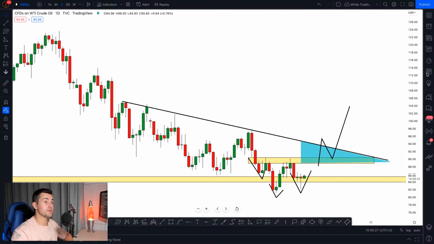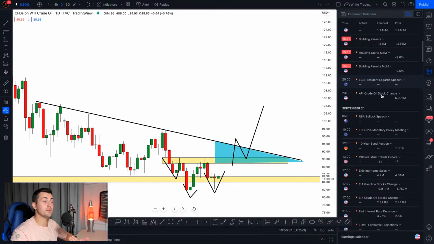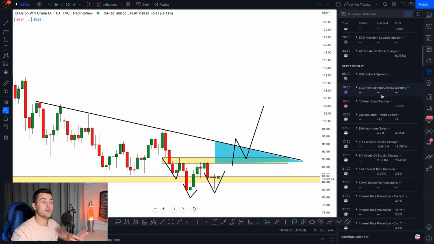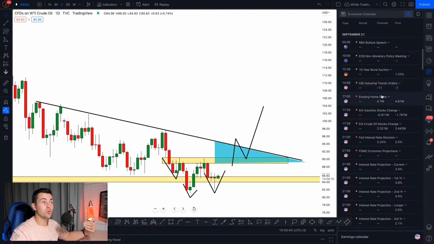Remember, traders, that even though we don't trade fundamentals, we still monitor the economic calendar, because the economic calendar indicates potentially highly volatile days. If we have a lot of news in one day, it will most likely make the market move.